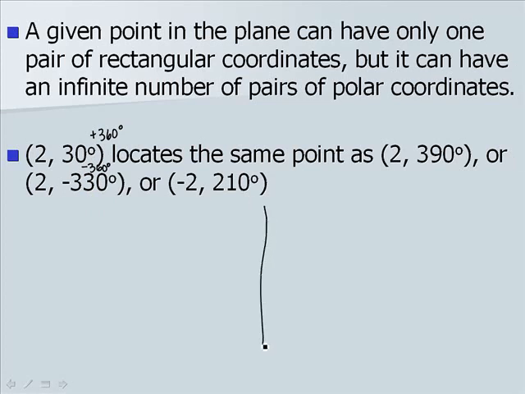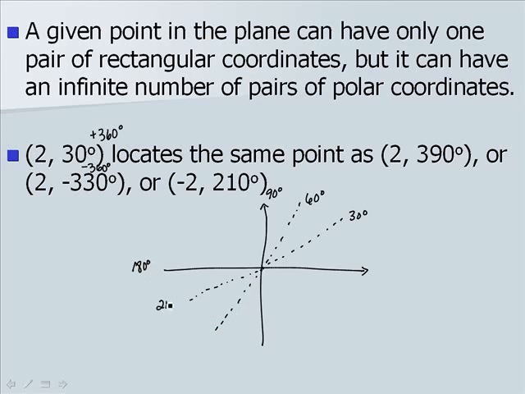Or (negative 2, 210 degrees). And now I want to kind of demonstrate that. We see if we divide into thirds, we have 30 degrees here, 60 degrees, and 90 degrees. Whereas if we divide into thirds here, we're at 180, 210, 240, and then 270 degrees.